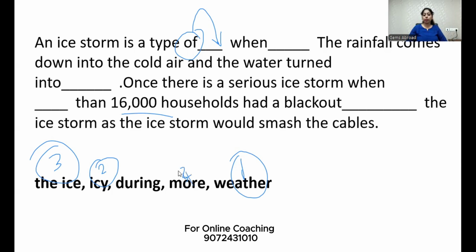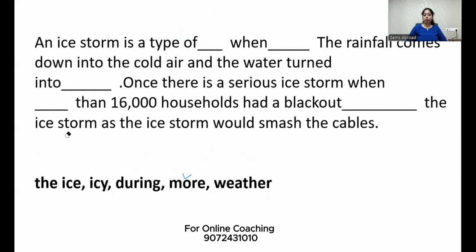The fourth option will be more. Had a blackout dash the ice storm. So during is the option after. Had a blackout during the ice storm as the ice storm would smash the cables. So of is a preposition, and per the preposition rule, after of you'll have a noun.